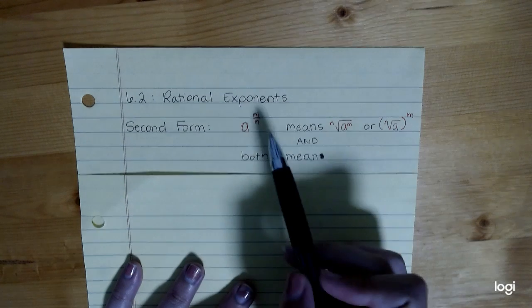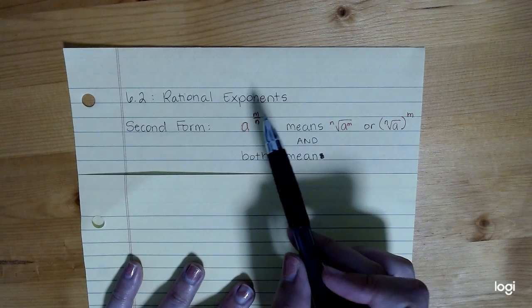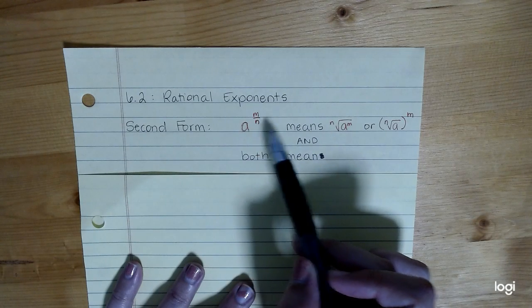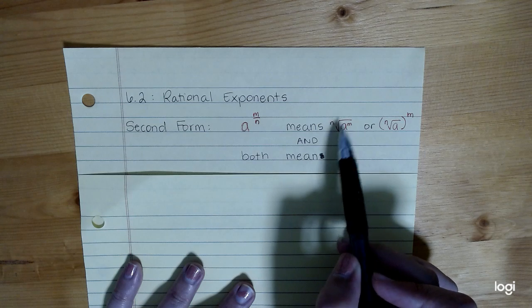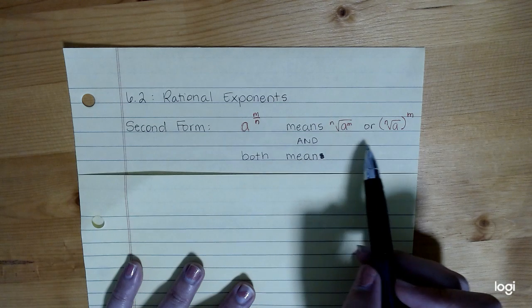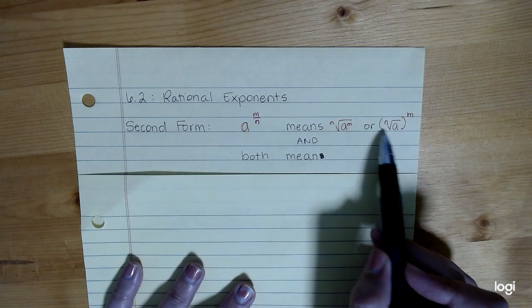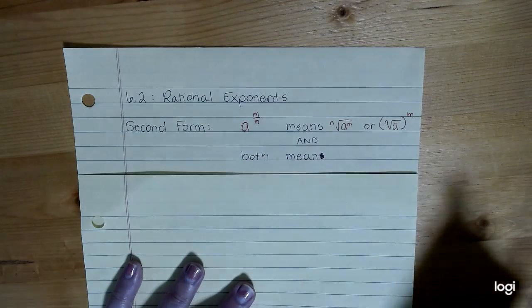Okay, so again, this is an equivalency statement. So a to the m over n has the same value as the nth root of a to the m power, or the nth root of a, raised to the m power.